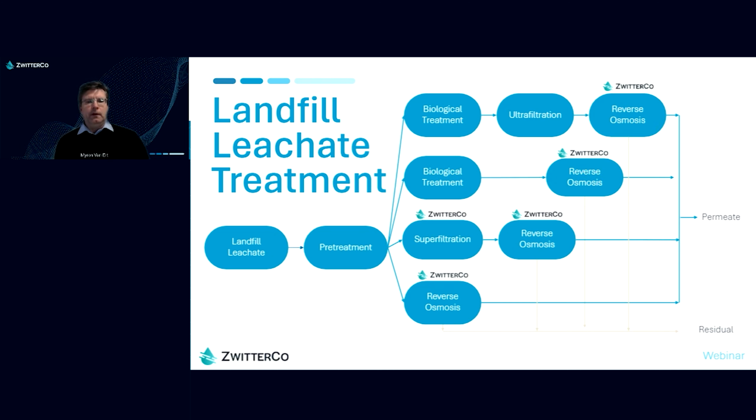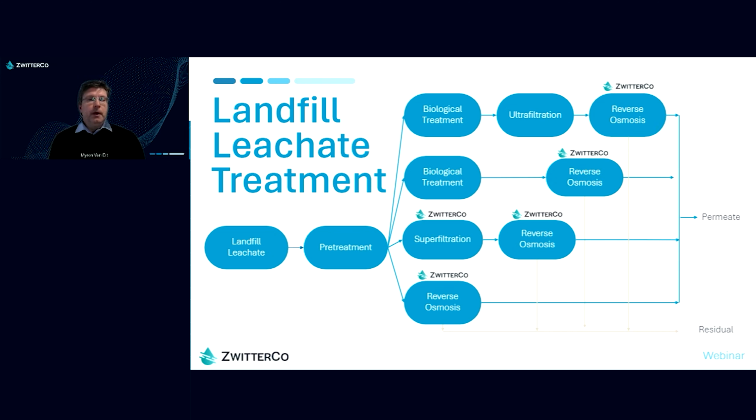The first one is utilizing biological treatment, followed by ultrafiltration, then reverse osmosis at the final. The second one might just be biological treatment, moving into an RO treatment stage. The third one is the use of superfiltration, which is a ZwitterCo specific technology pretreatment, followed by reverse osmosis.